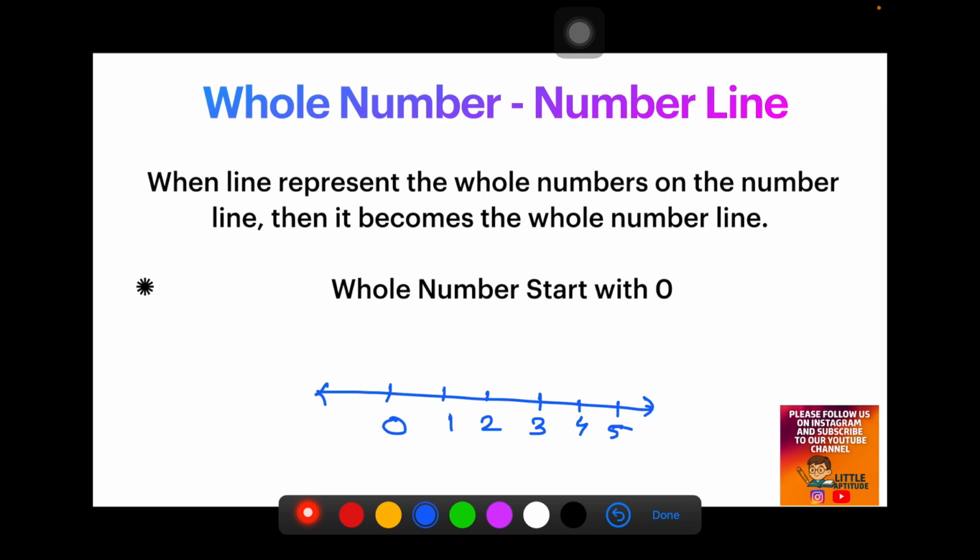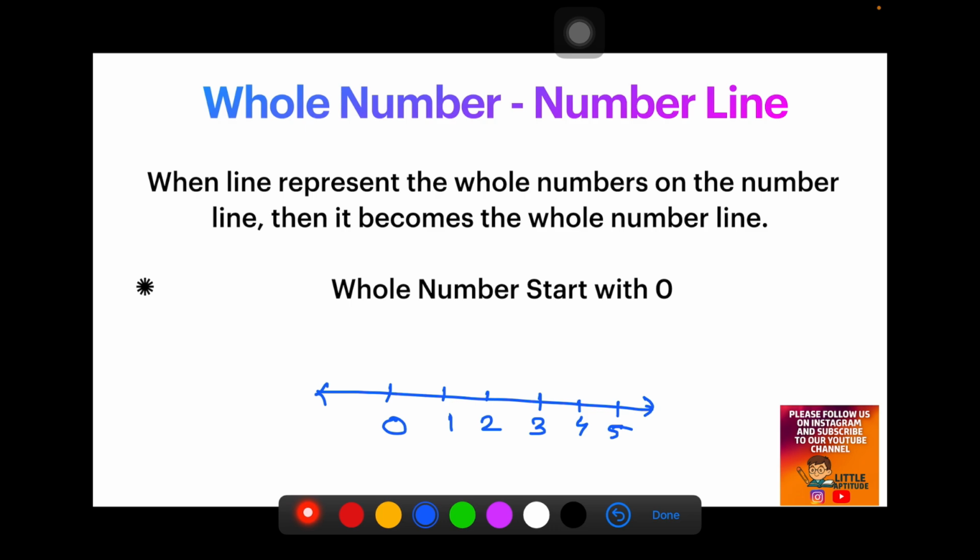I have marked some points 0, 1, 2, 3, 4, 5. So here my line is representing only whole numbers, which start with 0. It does not contain any other number, so this line becomes a whole number line. I am repeating again, my line represents only whole numbers starting with 0, so it becomes a whole number line.